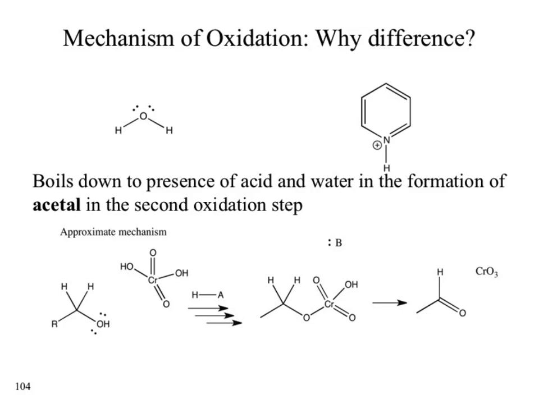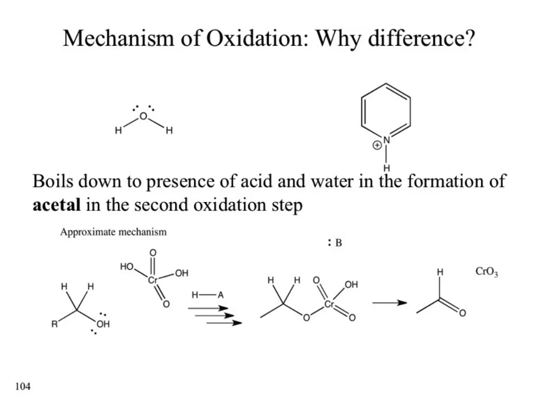That's why we call it pyridinium, because there's that ion floating around. So it's really the solvent difference between water and pyridine. That's the only difference between those two reagents: we no longer have water, we have pyridine. And that all of a sudden shuts down further oxidation.